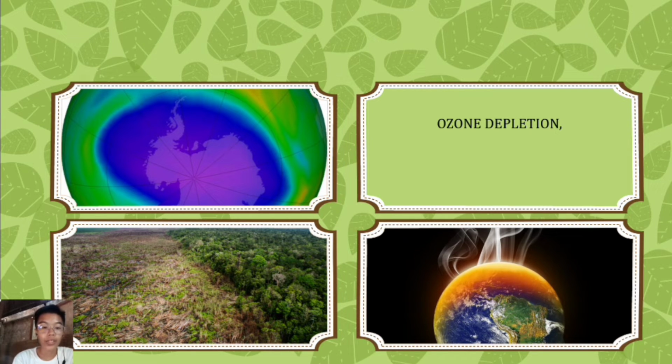This good ozone is gradually being destroyed by man-made chemicals referred to as ozone-depleting substances, including the chlorofluorocarbons, hydrofluorocarbons, and halons.